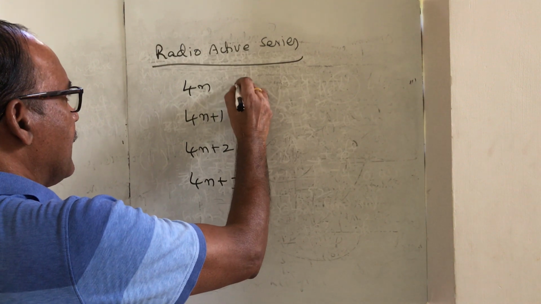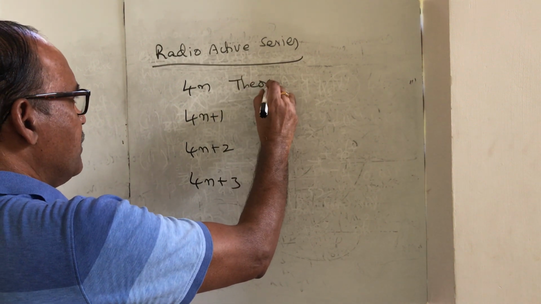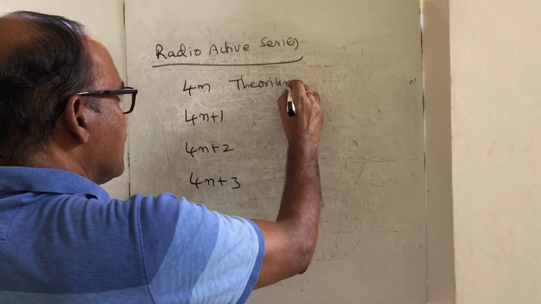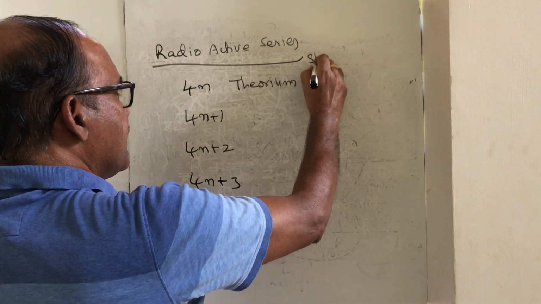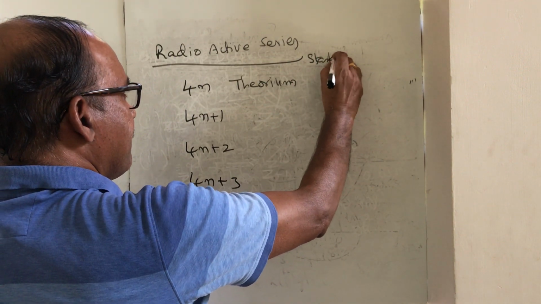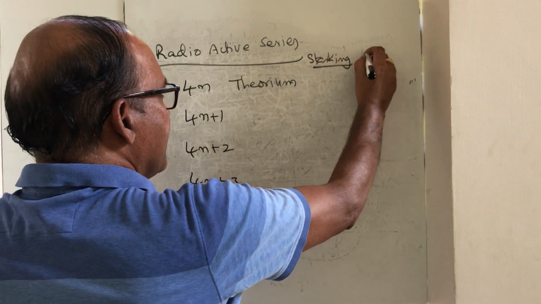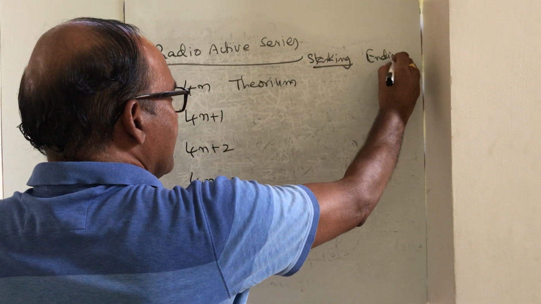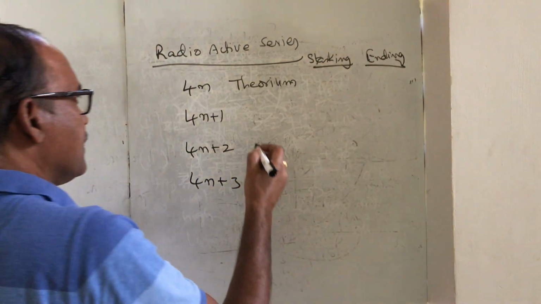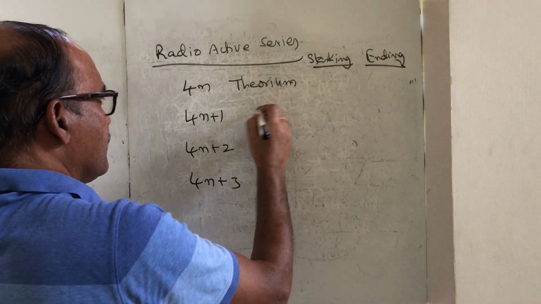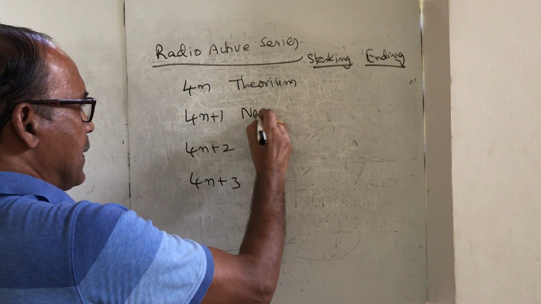This is the thorium series, the starting and ending nuclide. We can mention here thorium-232 (90), ending with lead-208 (82). This is the neptunium series: neptunium-237 (93), ending with bismuth-209 (83).